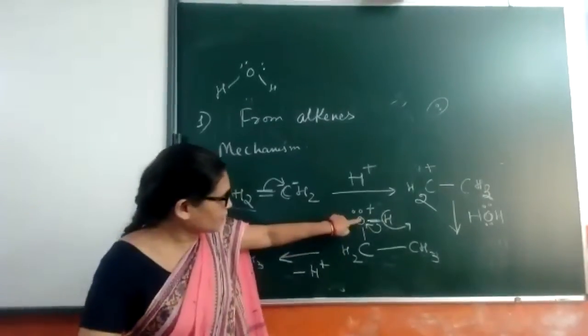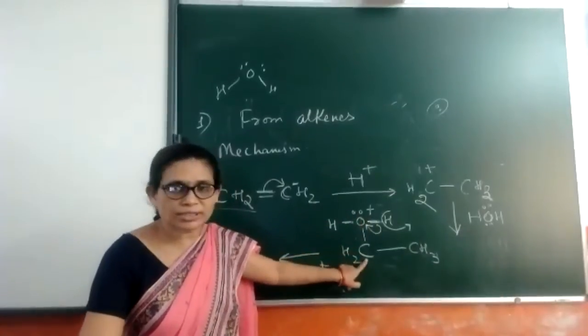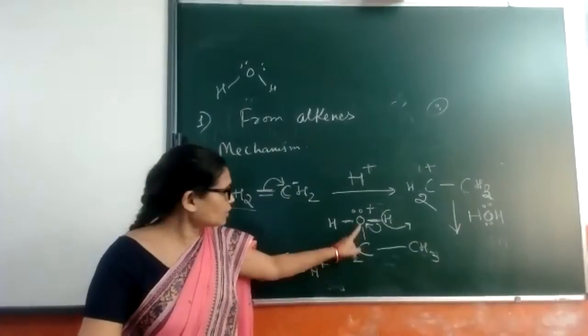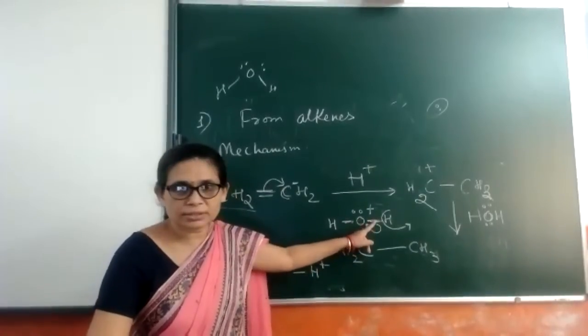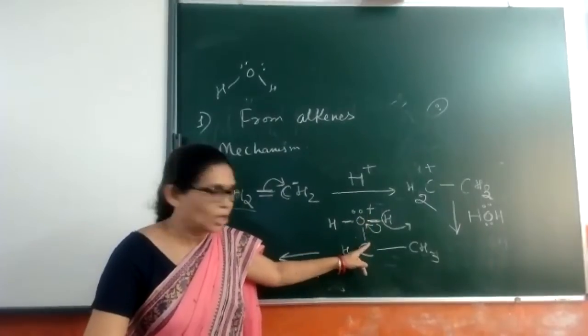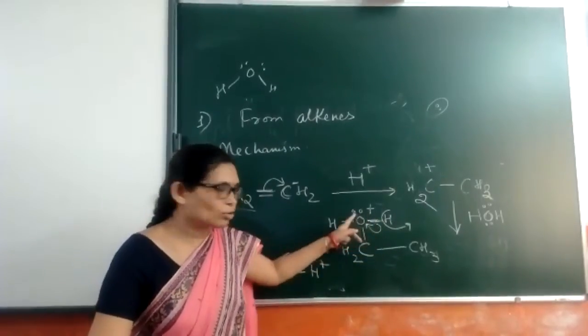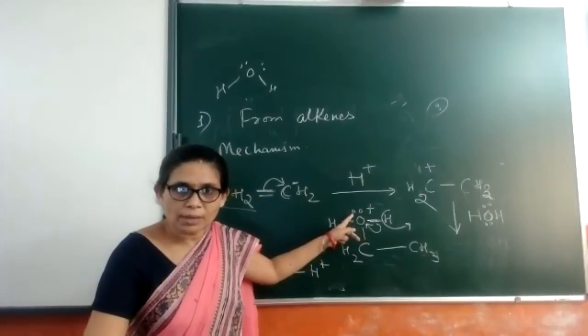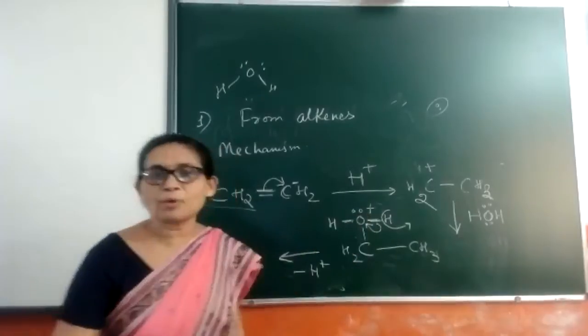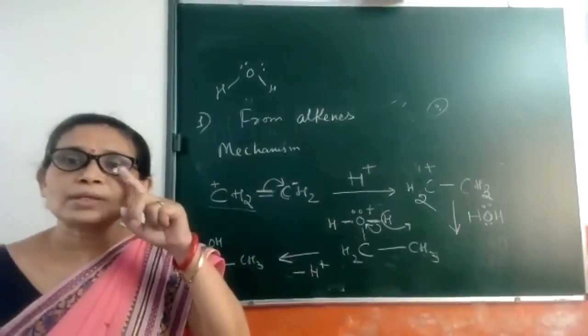So through its oxygen, water has attached to this carbon and made 1 bond. Now this oxygen has 3 bonds. 1 lone pair it has used to make this bond, so it has 3 bonds with only 1 lone pair. That is why we have to put 1 positive charge on oxygen.